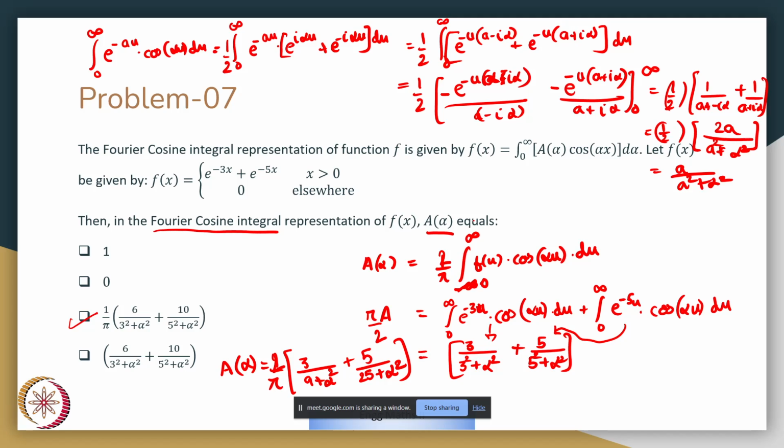So that allows us to only look at the integration from 0 to infinity. This gives us this particular form of the integral. So we end up with option C. Hope this one is clear.